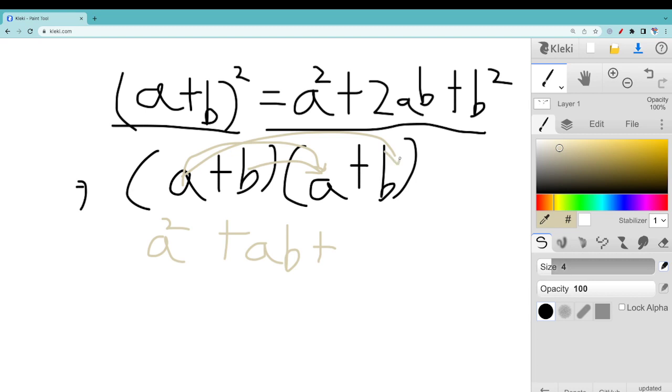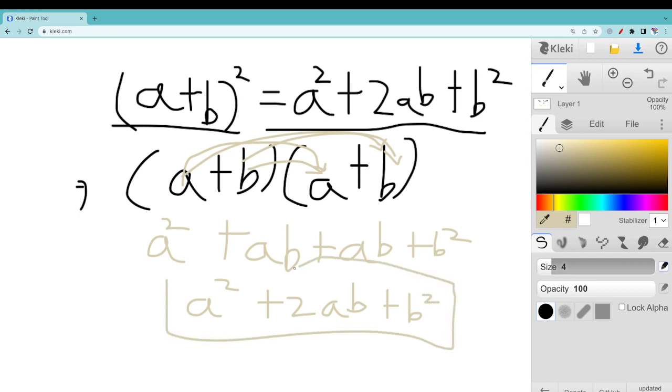So this is plus another ab, plus, take the b, and now you just multiply with the final term, b squared. Simplifying that out gives us a squared plus 2ab plus b squared. And that's the formula you should know for a plus b the whole squared. And there's the derivation of it.